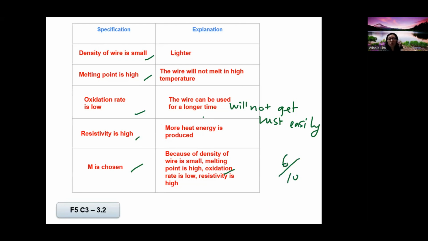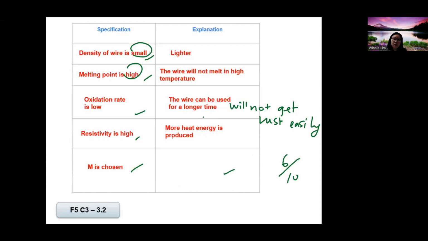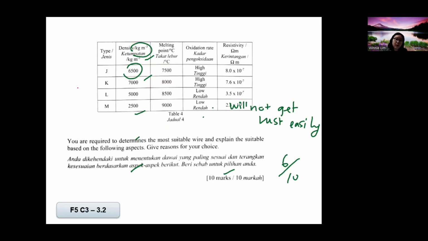Similarly, if you do not know the format, you go and explain all the aspects one by one, then it is wrong. You see everything that has a number, they didn't write the number, right? Do they say the density of the wire is 2,500? No, no number, understand? You just describe high or low, big or small. But if they already give you low or high, you follow.